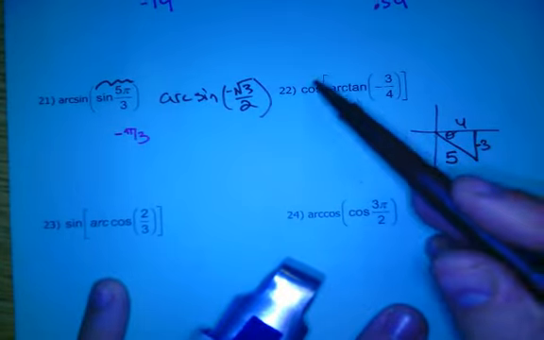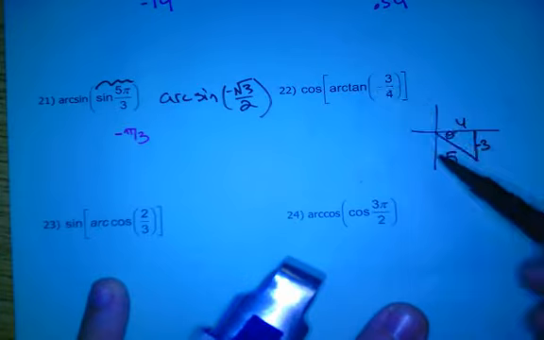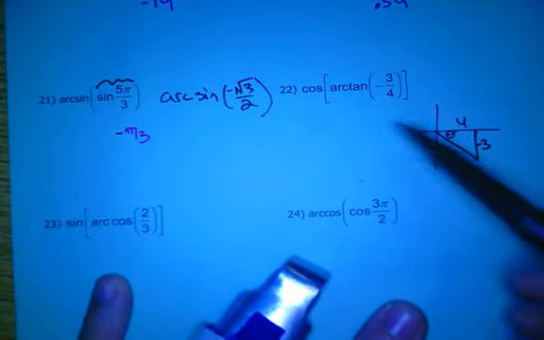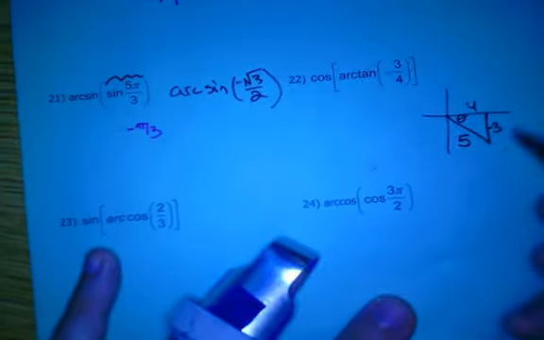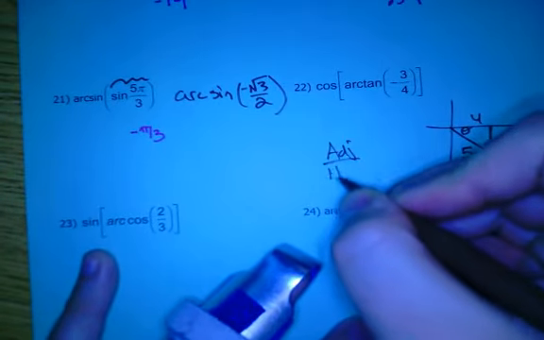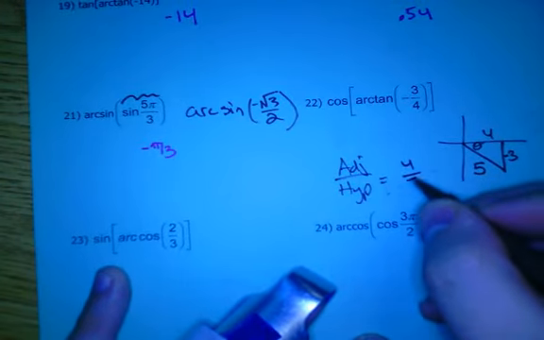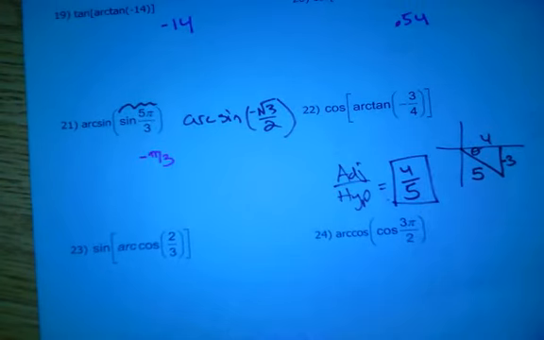Okay. So what's cosine of this angle? Cosine is adjacent over hypotenuse, so it is 4 over 5. That's your answer.